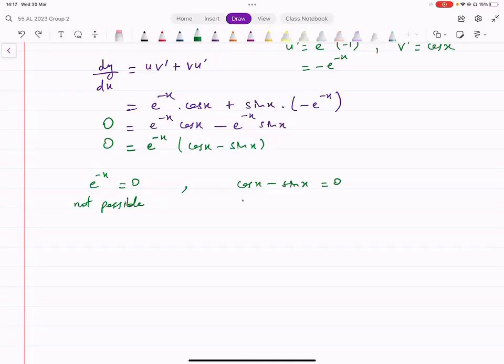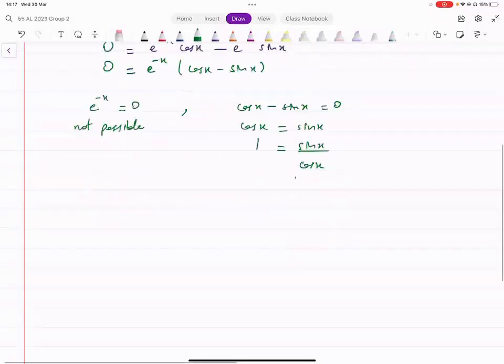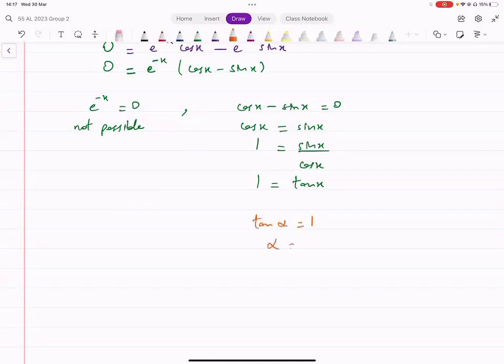From the other equation, we've got cos x equals sin x. We can divide by cos x, and that gives us tan x equals 1. So we've got a trigonometric equation now, tan x equals 1. How do we solve this? We find the basic angle. tan alpha equals 1.